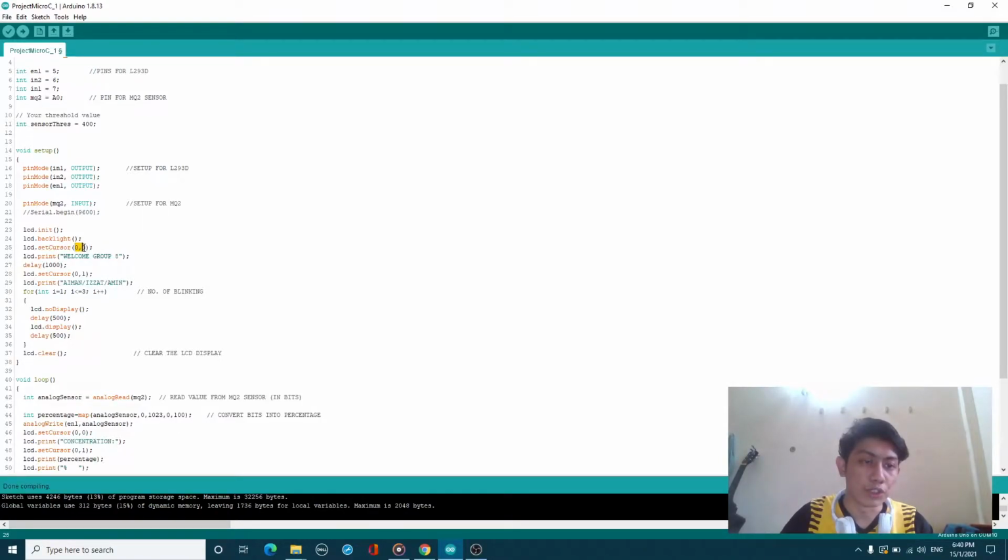If 0,0, it means that x is equal to 0 and y is equal to 0 coordinate. The lcd.display function is used to display, and the print function is used to display what we want to display, either data or words.